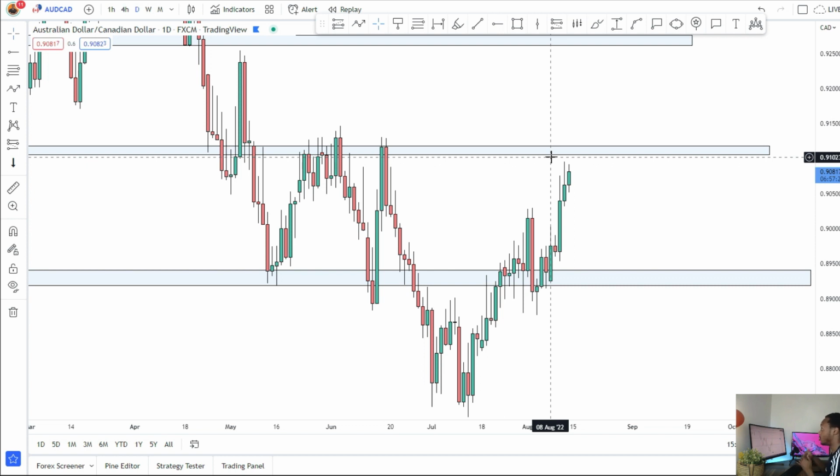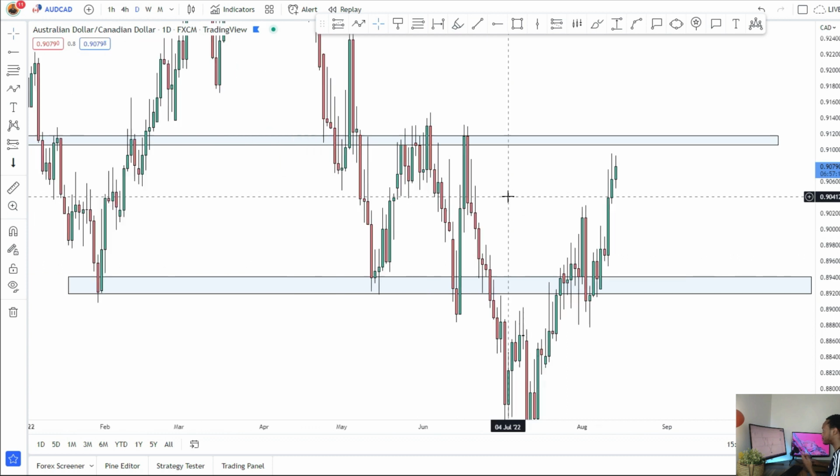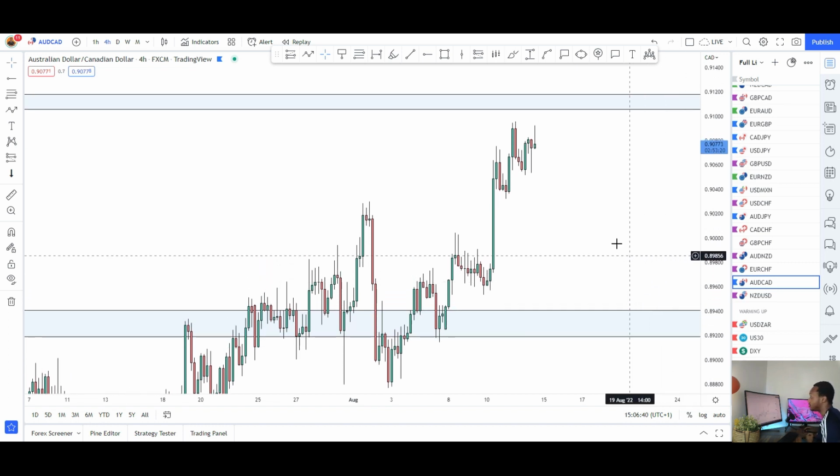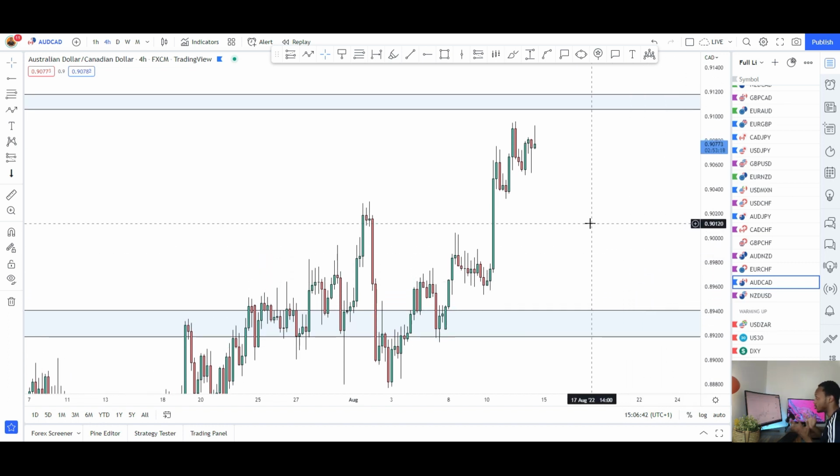And number four, make sure there's a good amount of space between your levels so you can actually trade from them and off them. Because if it's too many levels, it's going to be too cluttered, and it's going to be difficult to get some meaningful trades. So make sure you have some space between your levels so you give yourself some room to trade with.